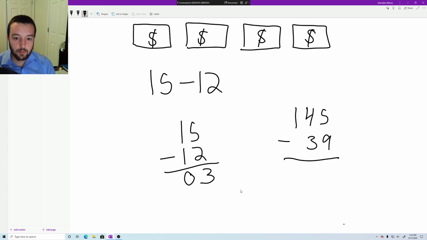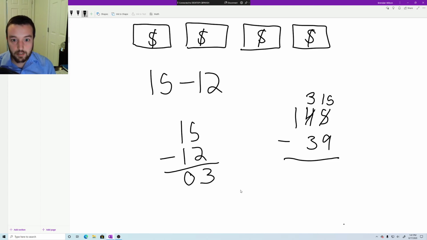Well, before we were able to take that extra 10 that we had and carry it over into the tens place. Now we want to do the opposite. We want to say, okay, there's 4 tens in that first number, the 145. So what if we just take one of them, so we're left with 3, and bring it over to the ones place? So now there's 15 ones instead, right?